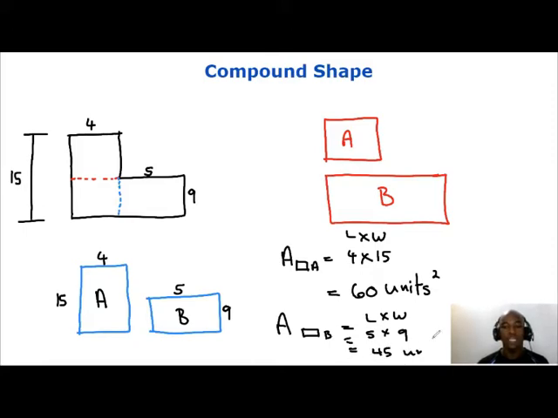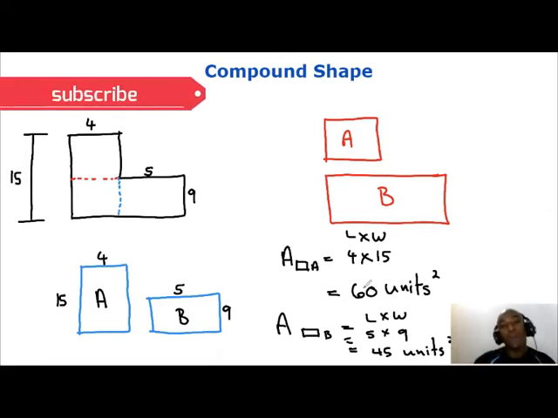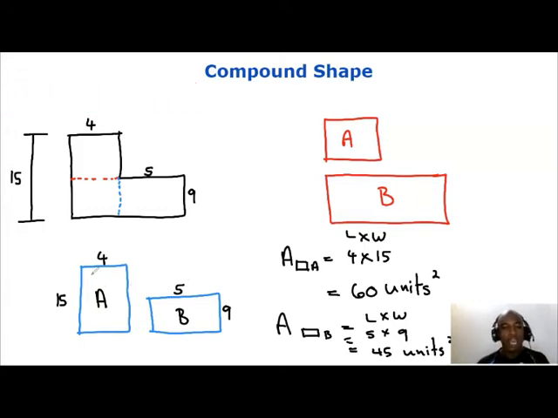45 units squared. Note what we just did: we found the areas of 2 separate pieces. The compound shape, we split it into separate shapes, and we found the area of each one. So what would be the area of the entire shape? Naturally, we have to add area A and area B. Area A was 60 units squared, area B was 45 units squared.